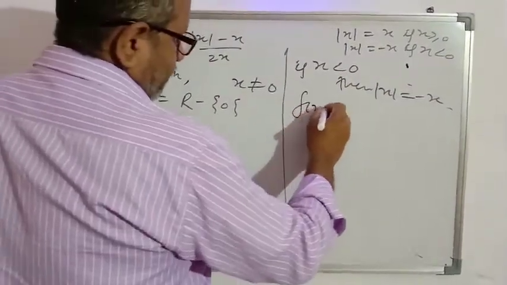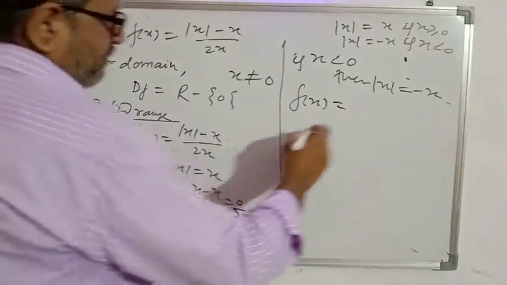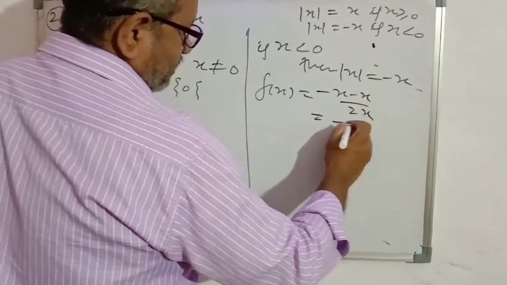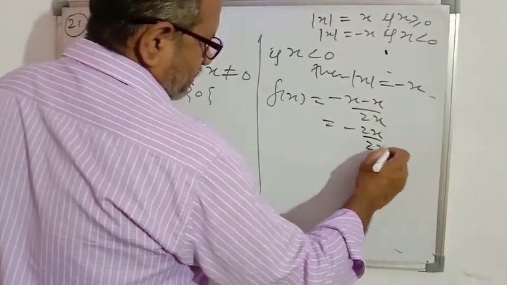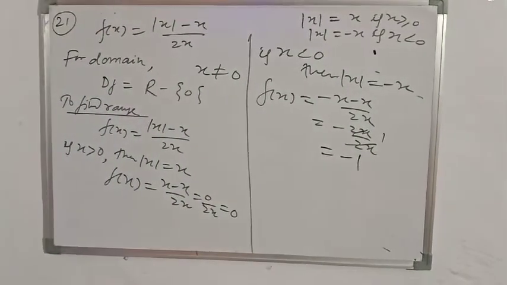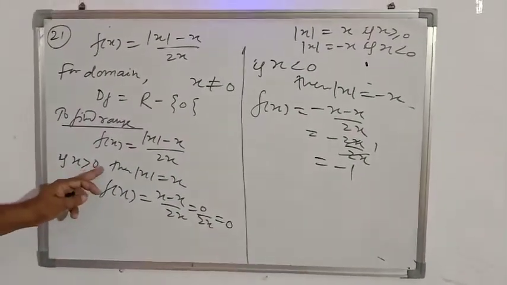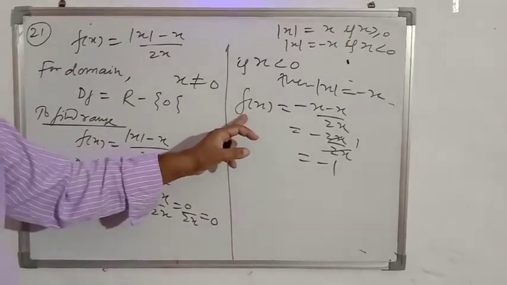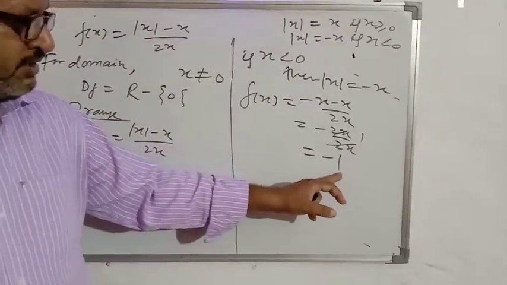So what will be f(x)? Mod of x minus x upon 2x, so minus 2x upon 2x, cancel one time. f(x) is minus 1. So for every positive value of x, f(x) is 0, and for every negative value of x, f(x) is minus 1.